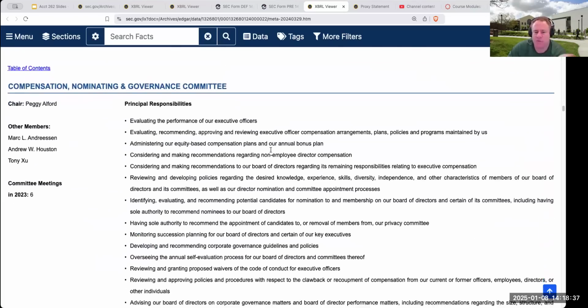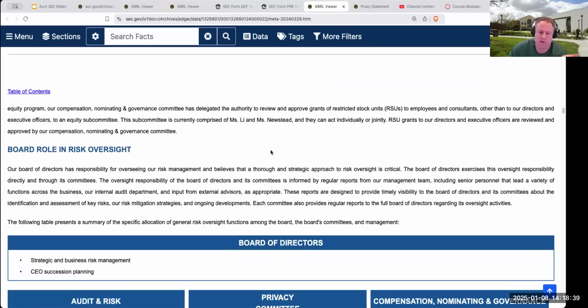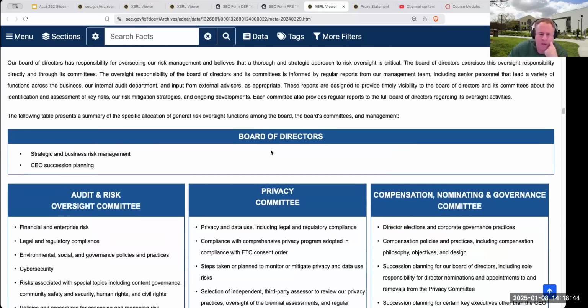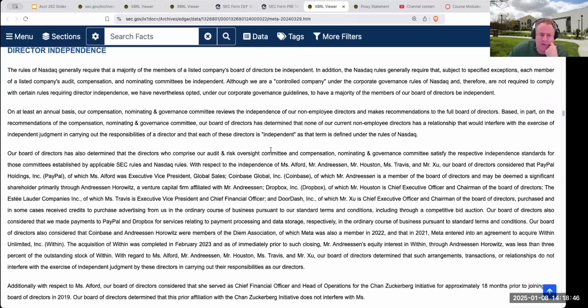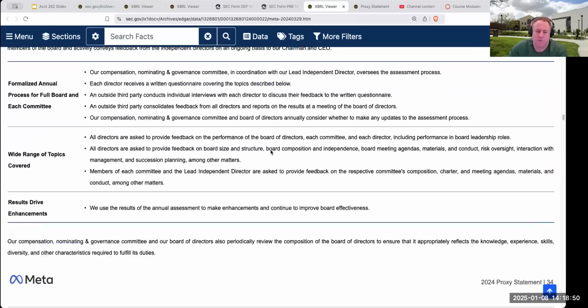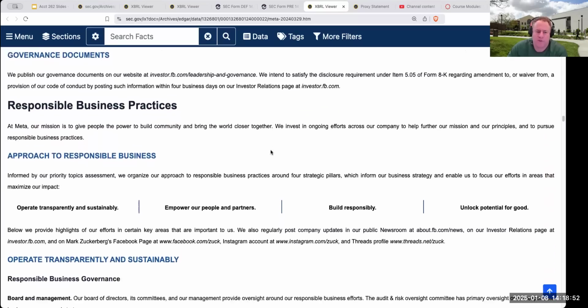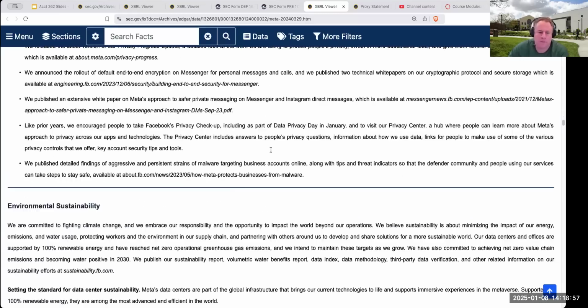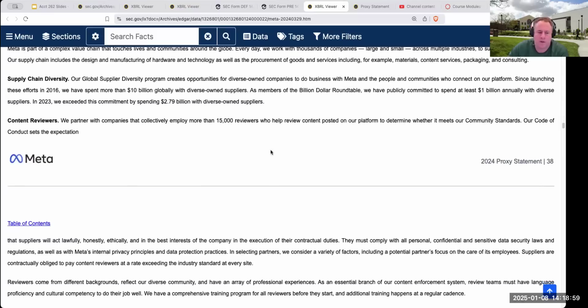And then you're listing out, and I've done these on some other videos, a privacy committee that they were required to establish. And then as we go down and look at director independence, classified board, evaluation.